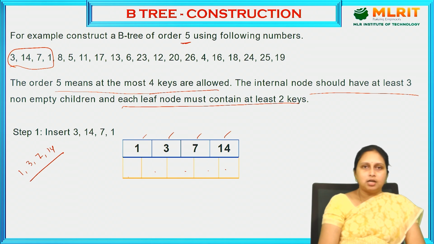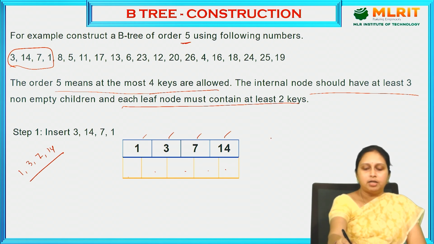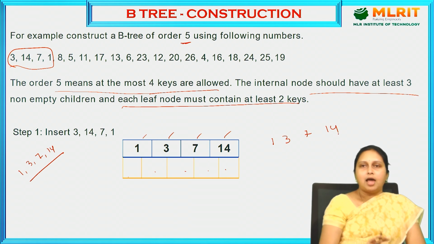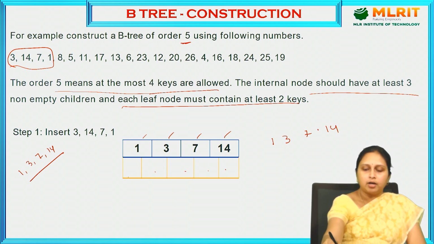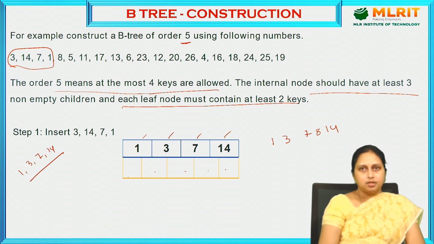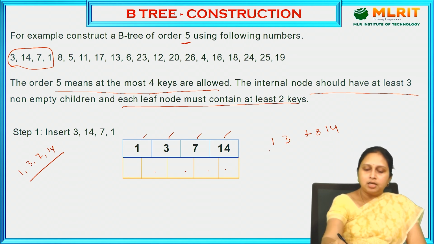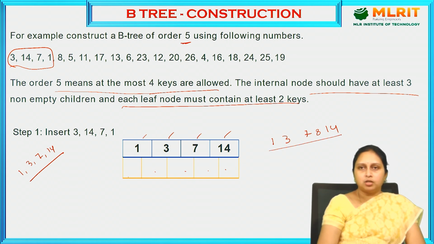And what is the next element I need to insert? I need to insert the element 8. Where do I need to insert 8? Observe, I have 1, 3, 7 and 14. As per our condition, we need to insert the element in sorted order. After 7, I need to insert 8. But here I have the chance of placing only 4 keys, I can't place 5 keys.